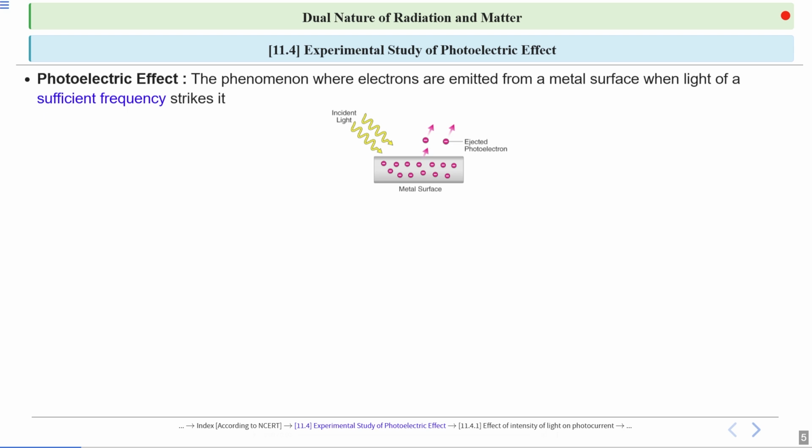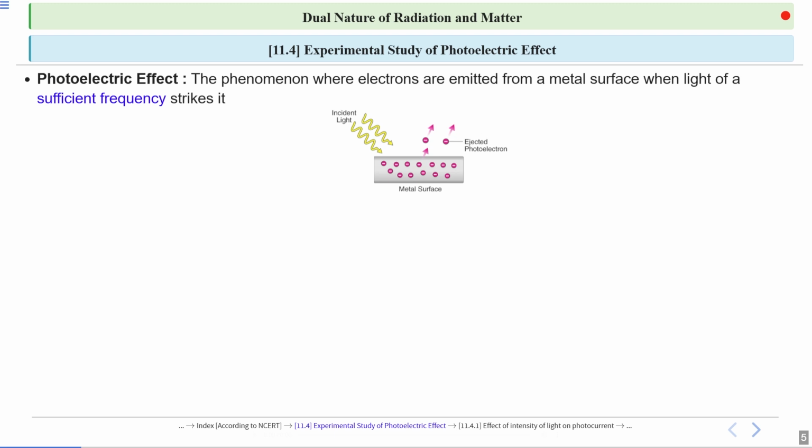So here 11.4 experimental study of photoelectric effect. Now here question arises, what is photoelectric effect? So basically this is a phenomenon where electrons are emitted from a metal surface when light of a high enough frequency shines on it.